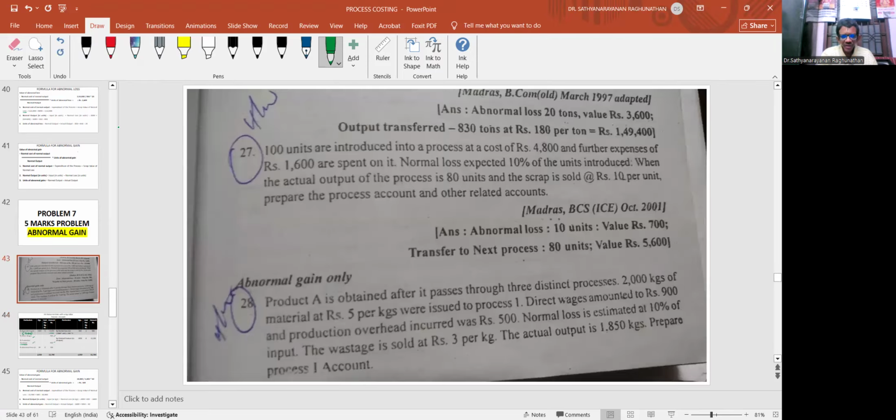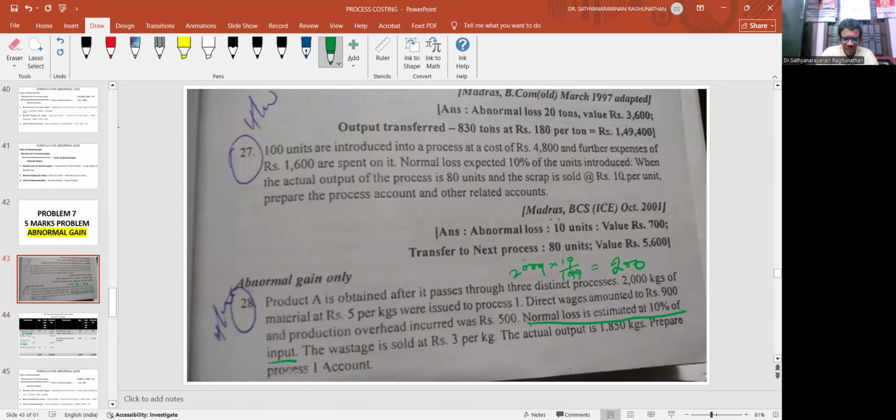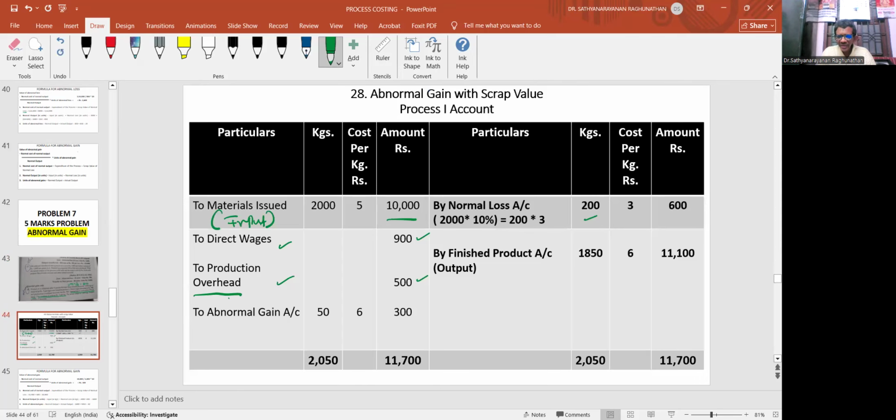By normal loss account. Normal loss is estimated at 10 percent of input. Input here is 2000, so 2000 into 10 divided by 100 is 200 kgs, and it is sold at rupees 3 per kg. The wastage is sold at rupees 3 per kg, so cost per kg 3.